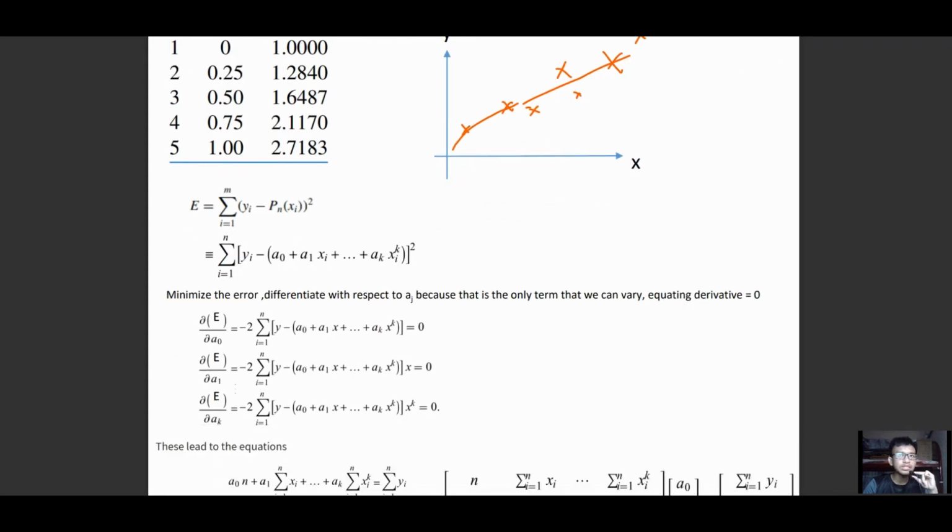The same idea, we equate the derivative of the error with respect to every coefficient equal to 0 here. Okay, and here we take dA naught equal to this expression.